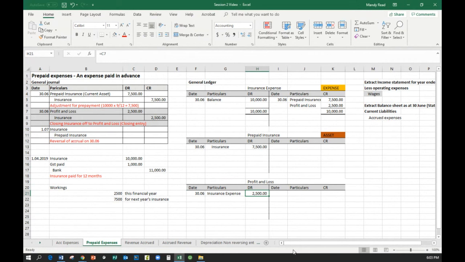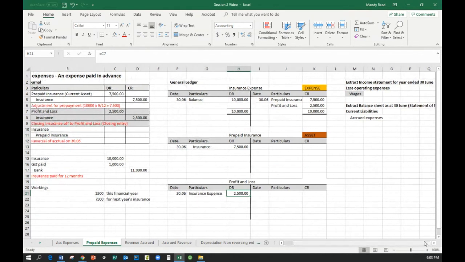So on that same day, on balance day, into our extract of our income statement, we would say the insurance for the year is $2,500. This time, instead of having a current liability like the previous example that we used for accrued expenses, we are going to have this as a current asset.